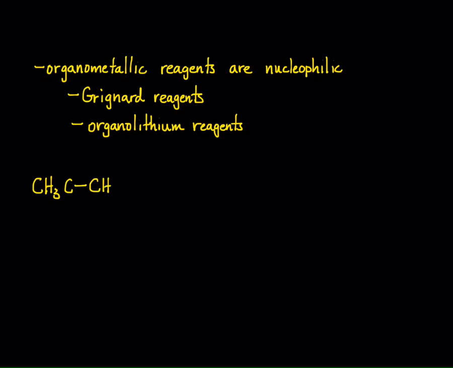For example, if I take this particular epoxide and I react it with methyl magnesium bromide in THF, what's going to happen? Well, again, we have an unsymmetrical epoxide and we have a Grignard. Is the Grignard an acid or is it a base? Grignards are always basic, right?